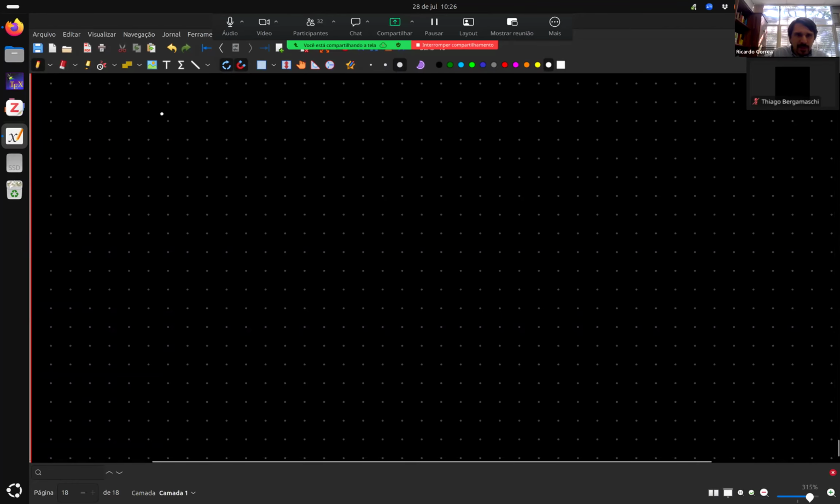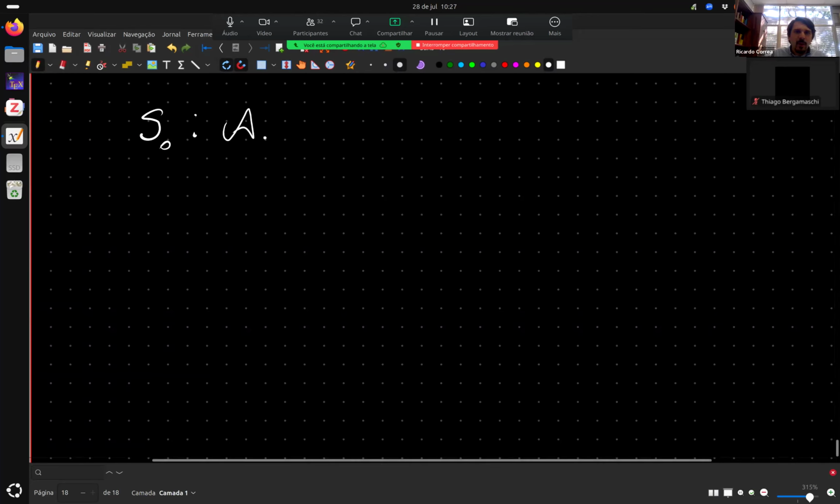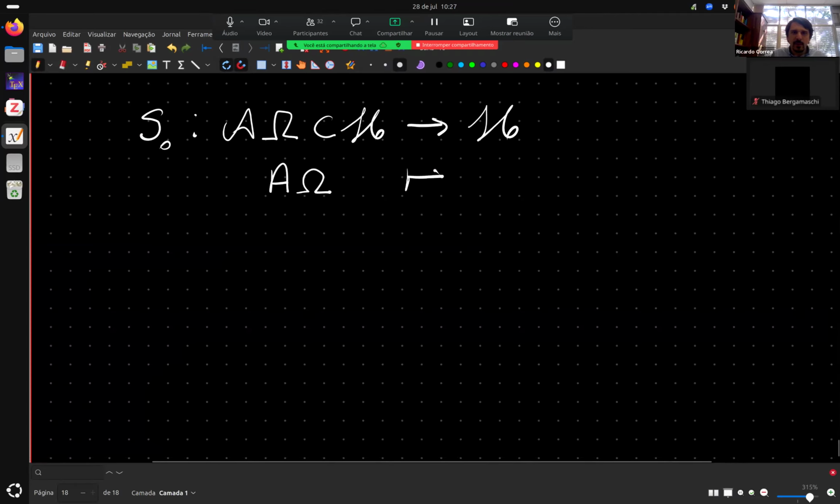So I will define my Tomita operator, which I will call S_0, the following way. Originally, I define it only on vectors of the form A acting on Omega, which is a dense subset of my Hilbert space, into my Hilbert space. And for every operator A applied to Omega, it associates A star applied to Omega.